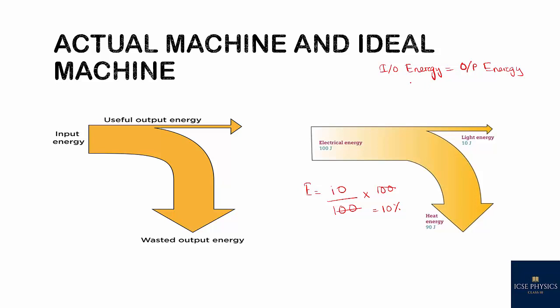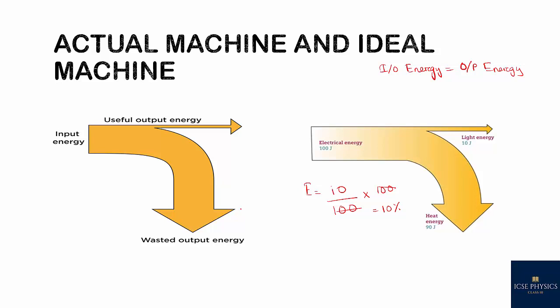So in the case of an ideal machine, input energy is equal to output energy. There is no loss or no wasted energy. But in an actual machine, it differs. There is some wastage of energy due to friction, or there may be any other heat energy. There may be some loss. It's perfectly okay for an actual machine to have a loss.